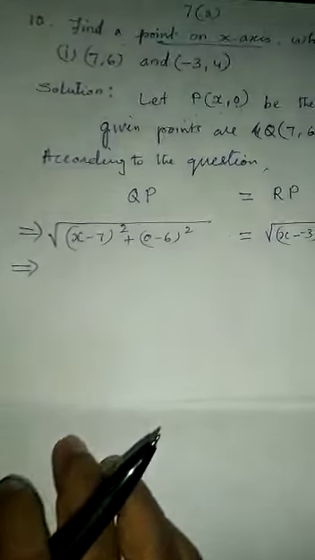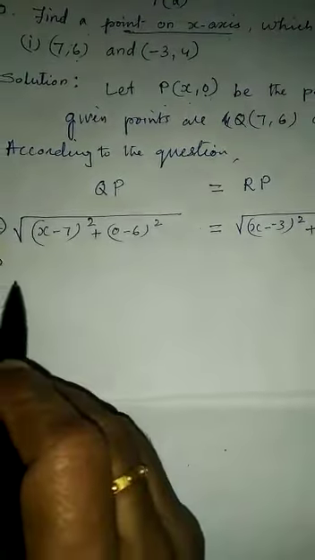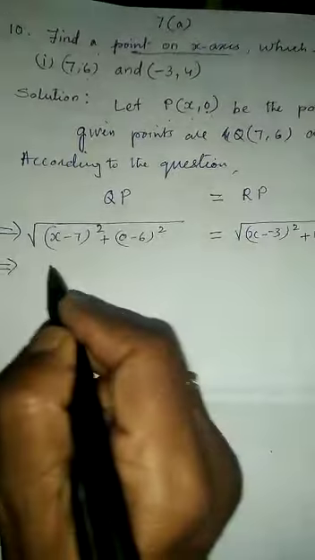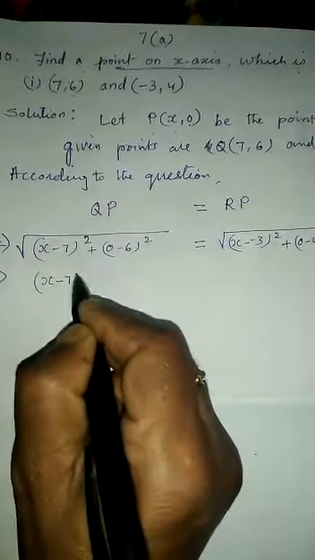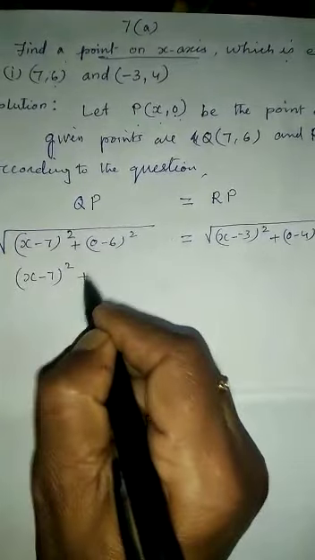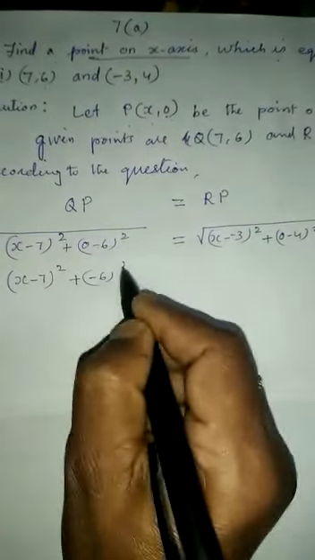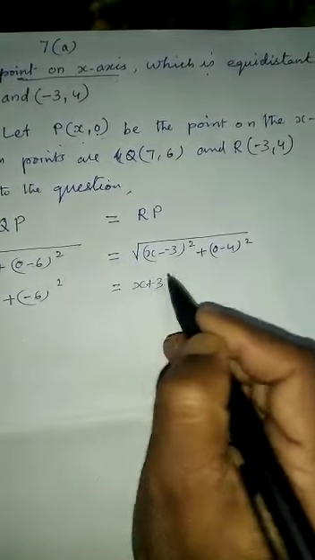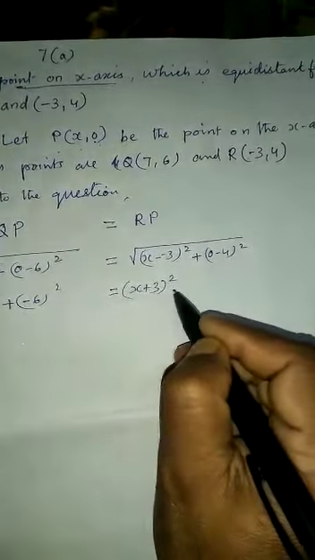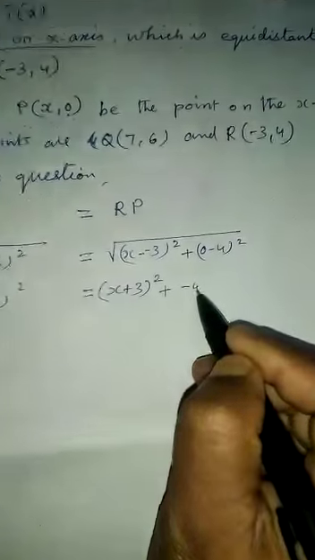Squaring both sides, the square root will be removed, so we get (x minus 7) square plus (-6) square equals (x plus 3) square plus (-4) square.